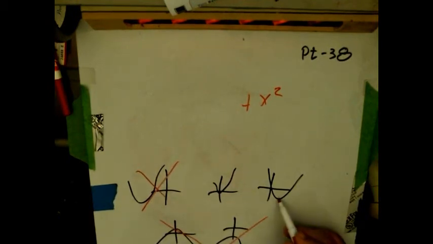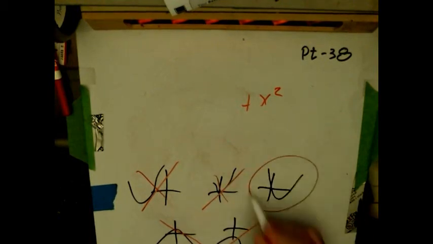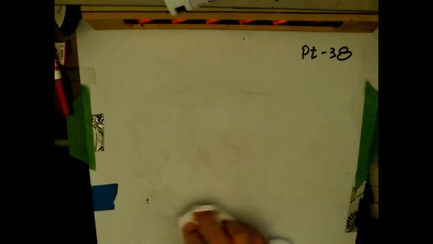I know that it's shaped up, so this is gone and this is gone. And I know my vertex was to the right, so this one is gone. And so this one is the only one that looks to the right, and this looks centered, so I'll throw that one out, and I will then have my answer. It's not an exact point-by-point graphing here. We're looking at general shapes. So let's try another one.